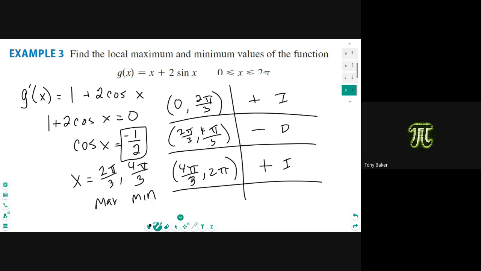In this situation, finding my second derivative to help me wouldn't be useful. Because even doing the second derivative, it's not going to simplify the problem down anymore. It's still going to end up being negative 2 cosine x. And I still have to do some calculations with that.